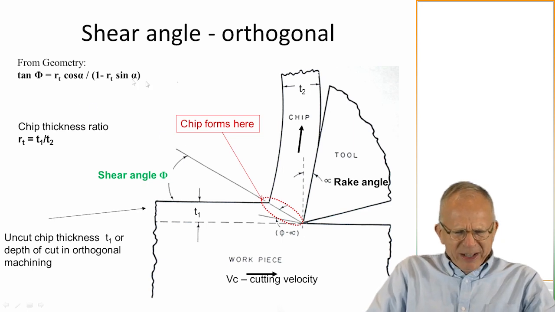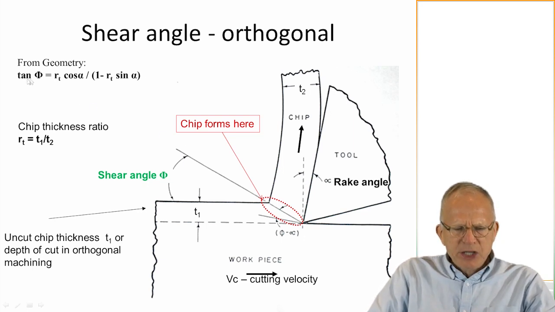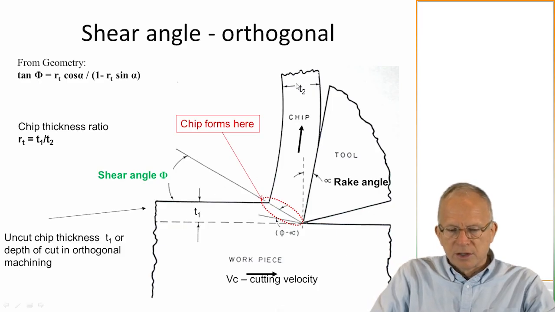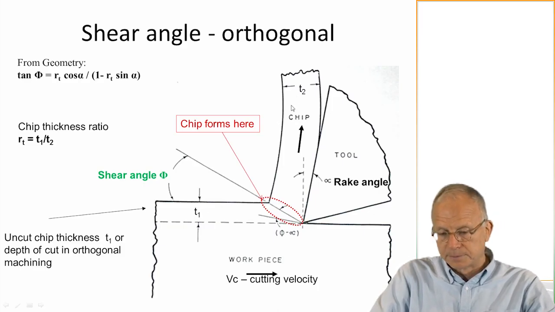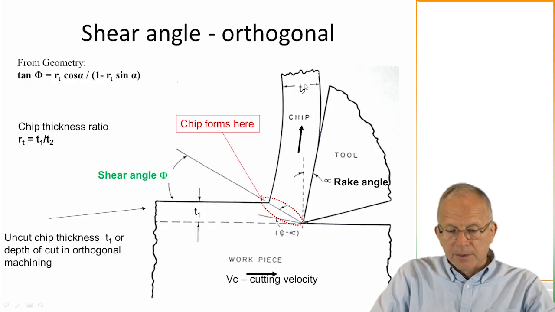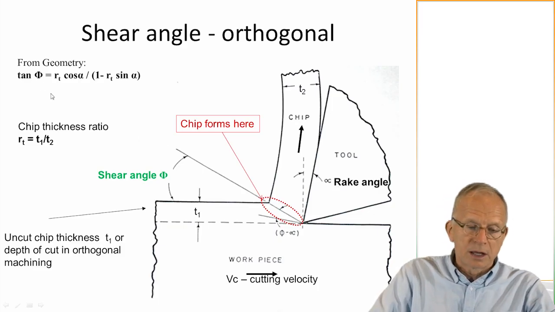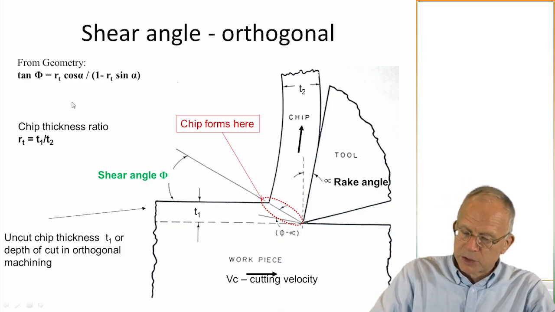So this is a purely geometric relationship to give us the tangent of phi. So if we know what T1 is from our feed and side cutting edge angle, if we're doing turning, and we can then measure T2, and we should know what the rake angle is, then we can calculate what the shear angle is, just from geometry.